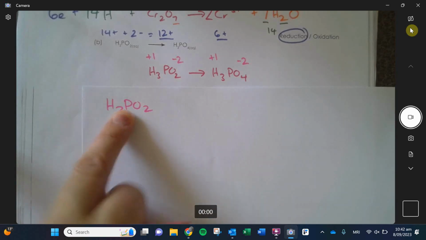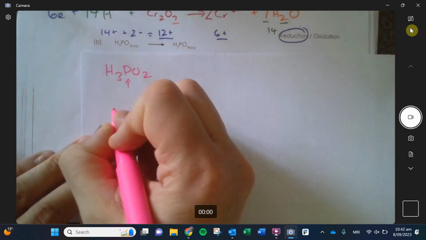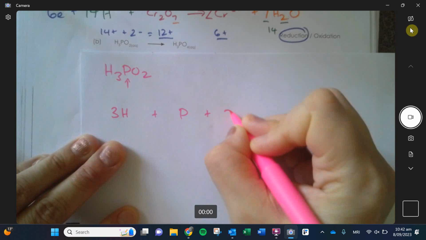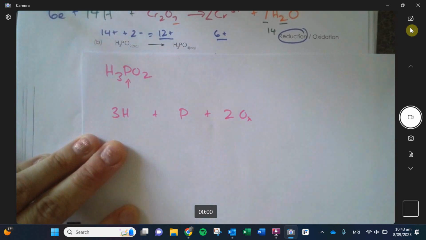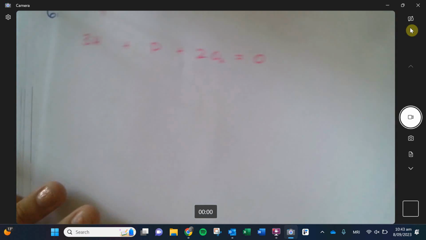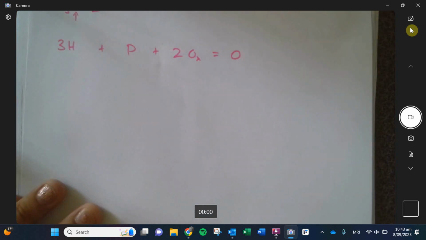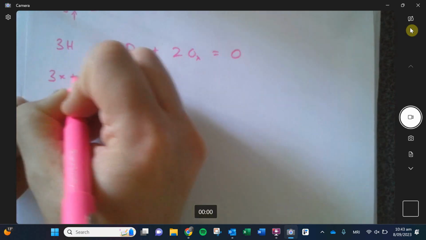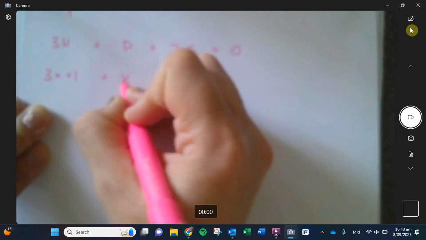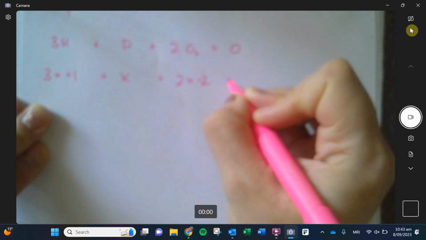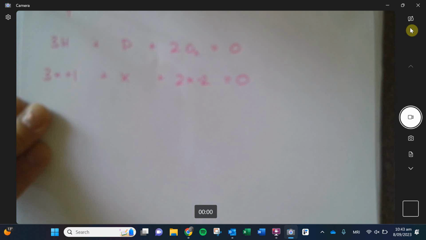The theory is that the 3 hydrogens plus the phosphorus plus the 2 oxygen oxidation numbers, when added together, are going to equal 0, based off of that final rule. I then substitute in my numbers. So I have 3 times positive 1 plus my unknown, that's x, plus 2 times negative 2 equals 0. Let me just focus that again.